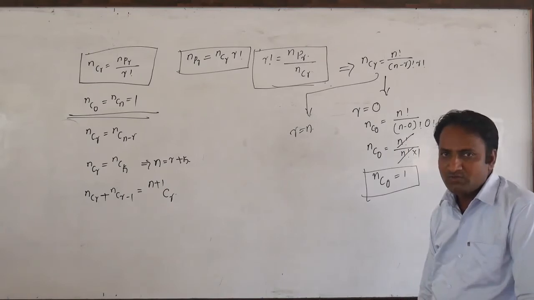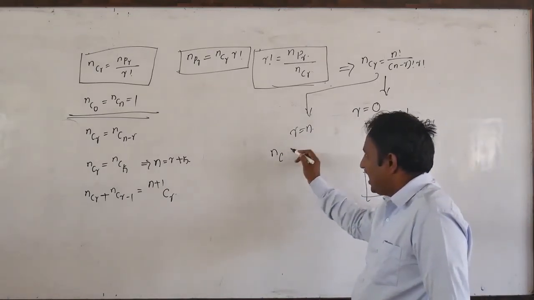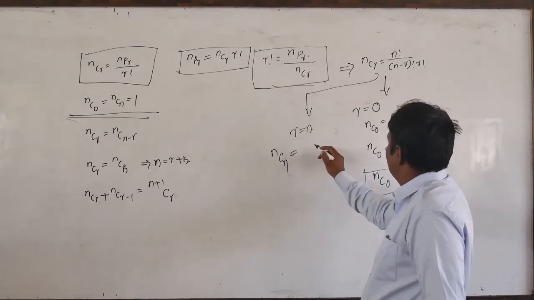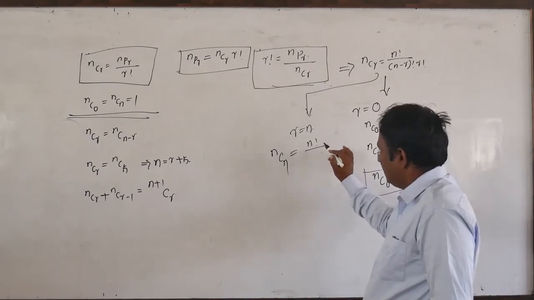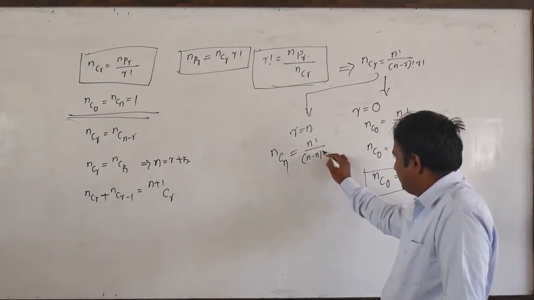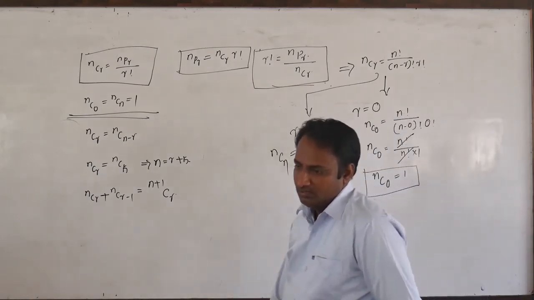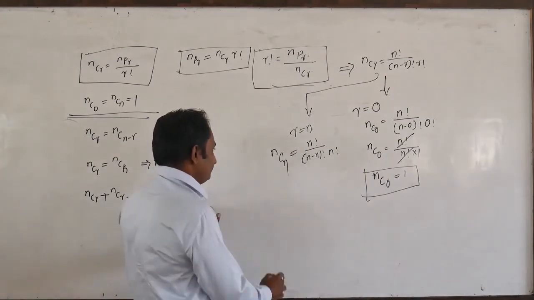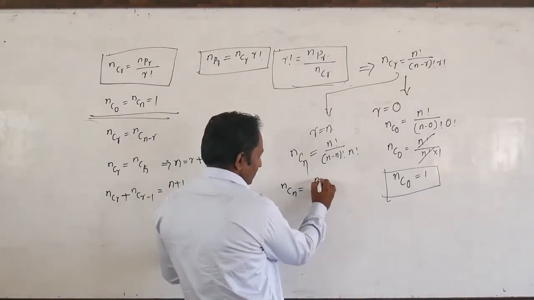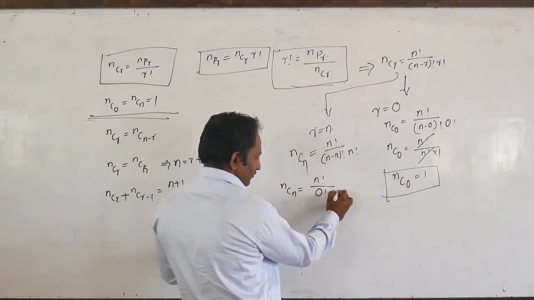Similarly, by using these concepts, we can choose the r value as n. Here nCr, with r value changed to n, is equal to n factorial divided by (n minus n) factorial into n factorial. So nCn is equal to n factorial over 0 factorial into n factorial.